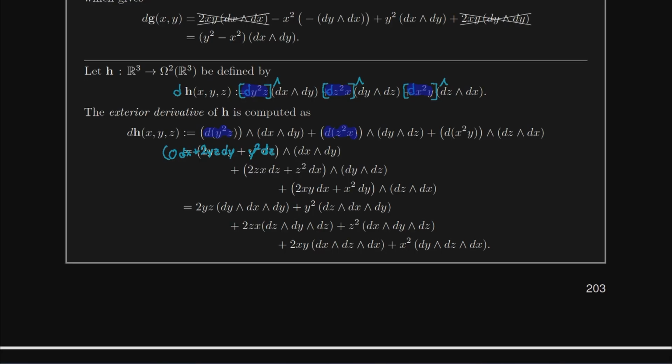I'll have a partial x on that, which will give me z squared dx, and I'll have a partial z on that, which will give me 2zx dz. There's technically a partial y there as well, but just as before, the derivative in the dy direction will just be 0, so I don't really need to include it. I'll then finish with the third term here, d of x squared y, and the outcome there is going to be partial x, which is 2xy dx, and partial y, which will give me x squared dy.